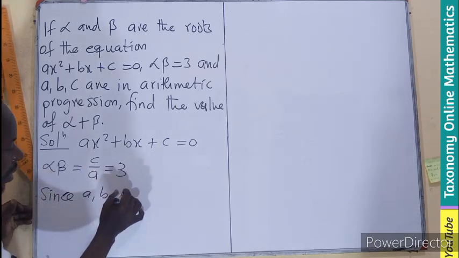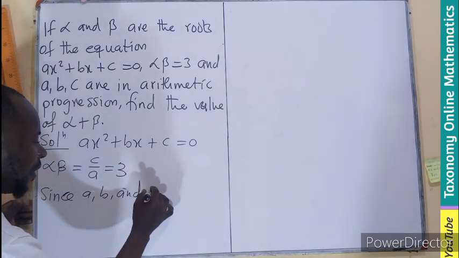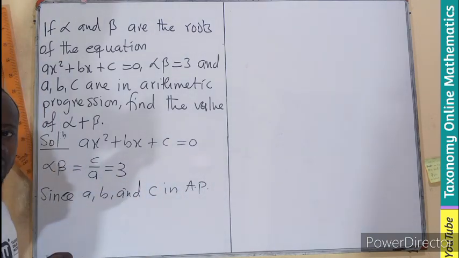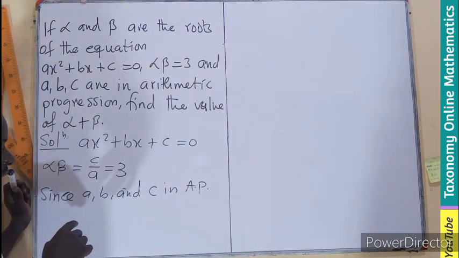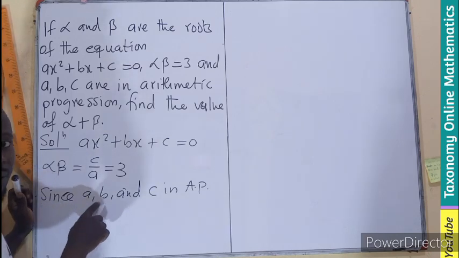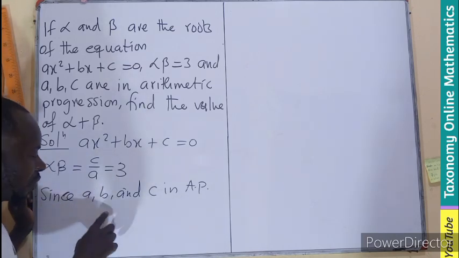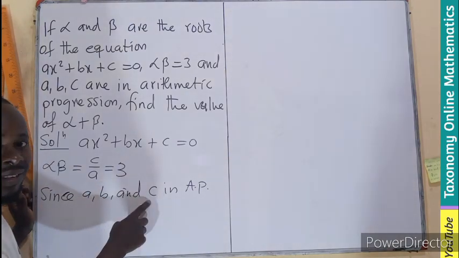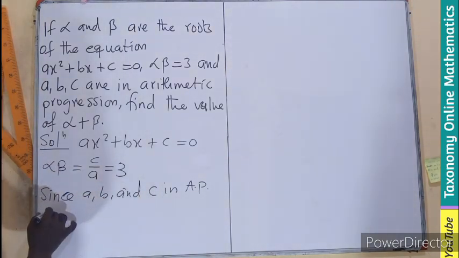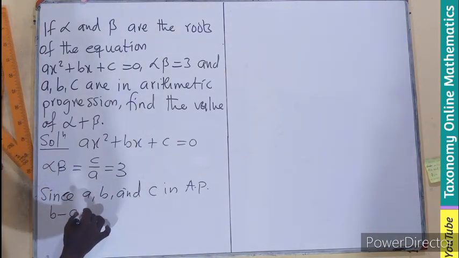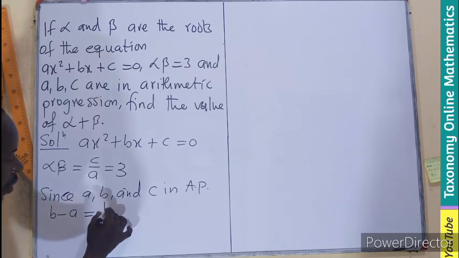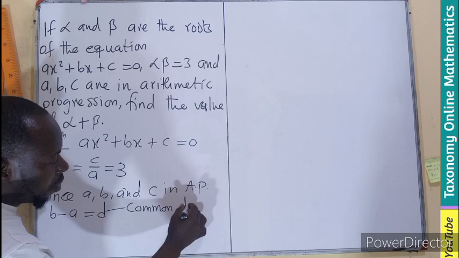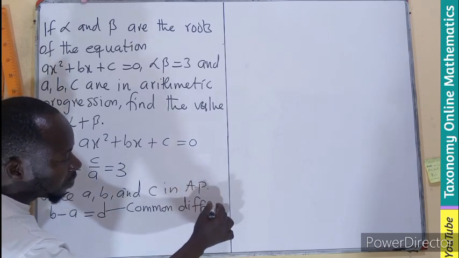All right. Now, since we have a, b, and c in arithmetic progression, that means they have a common difference. So the difference between a and b is the same as b and c. So I can say that b minus a equals d, where d is the common difference.